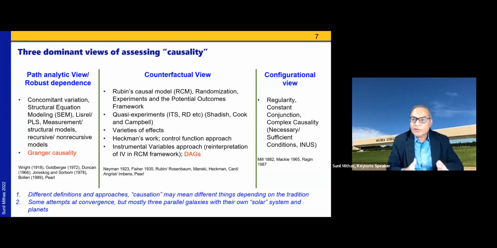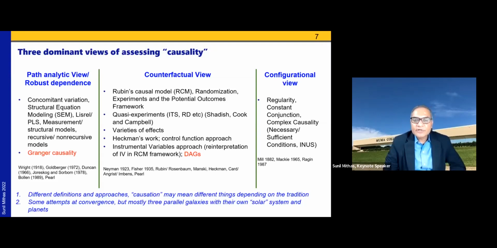So that is one of the advantages of path analytic view. I put there some of the names of the key people who were involved in development of this so-called path analytic view. You can see from the citations and the dates, this view is only about 100 years old. We are in 2022, and the earliest reference I have there is 1918. And this view was used by economists, but also by sociologists and many others.